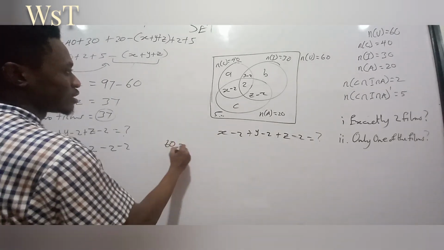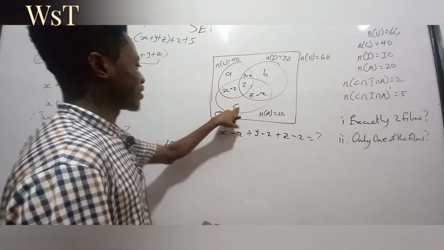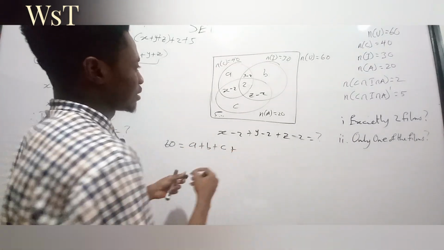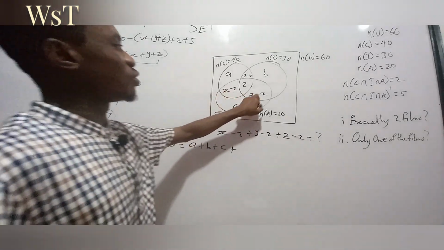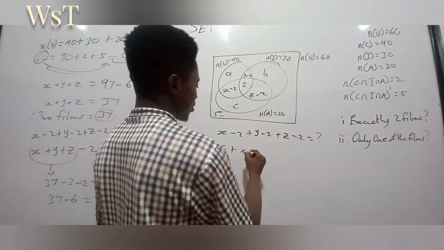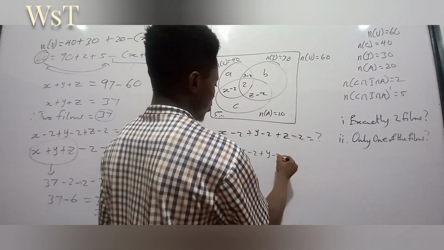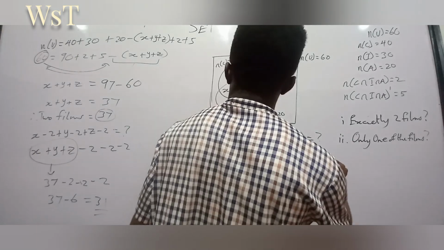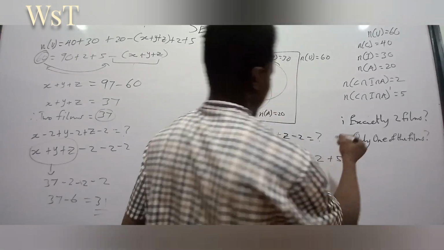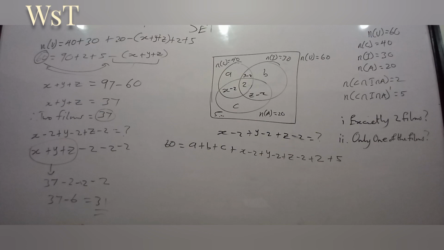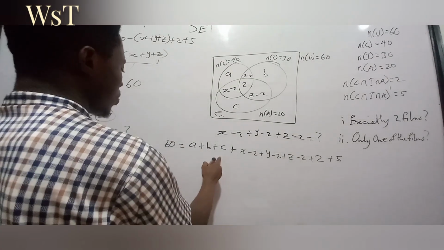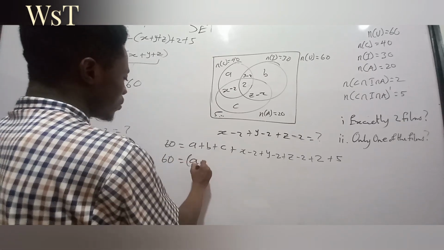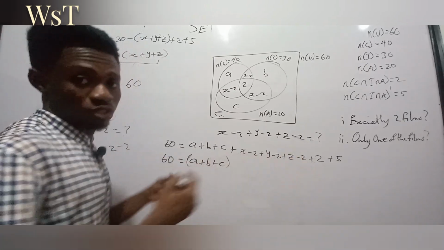So 60 is equal to only one films, plus exactly 2 films, plus the 3 films, plus anything outside the box. Okay. So we don't know this. So we maintain 60 being equal to what we don't know. So A plus B plus C. That's what we are finding actually.